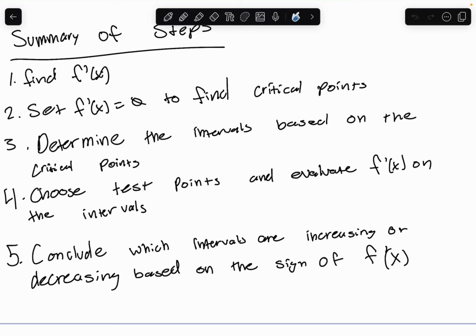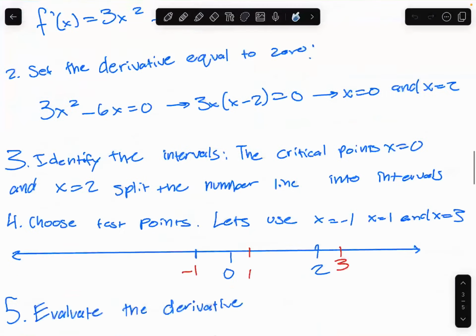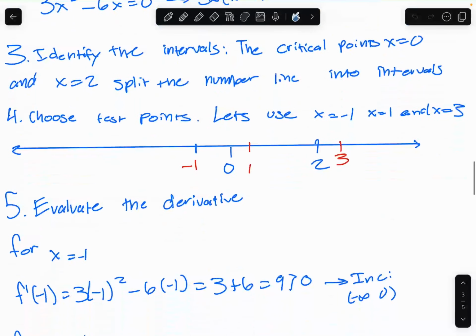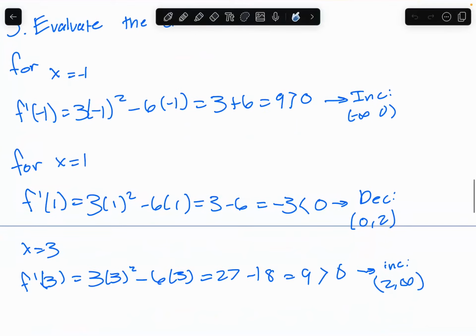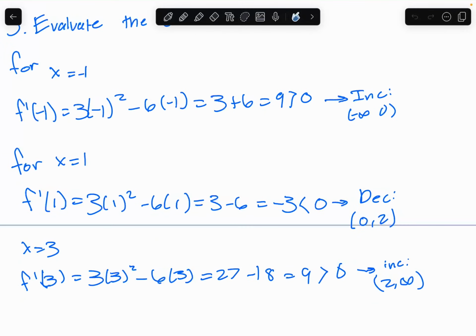And so, to conclude what we have talked about today, we have determined that on the intervals negative infinity to 0 and 2 to infinity, the function is increasing because when we plugged in our test points, they were greater than 0.